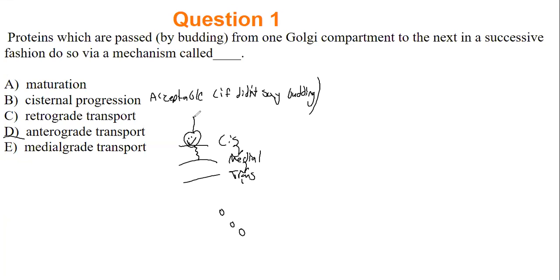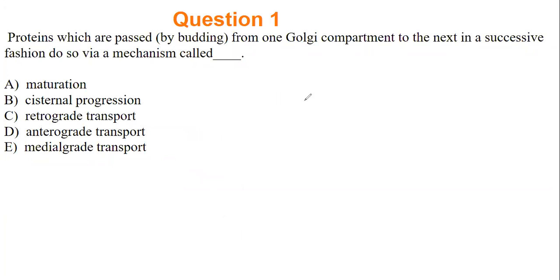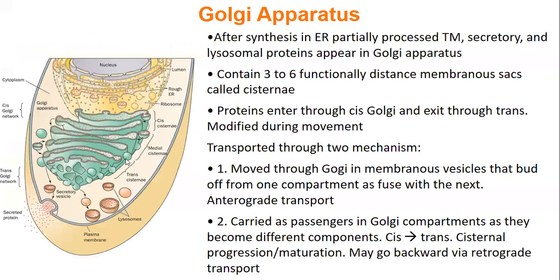So you enter through the cis, because the ER is up here, right? So you enter the cis and you just ride along until you become medial. And then you just ride along until you become trans, because the Golgi will naturally change like that. That's why I said it was like a conveyor belt. If I go back to my previous slide, these naturally move, because you can see at the end here, the trans are budding off.